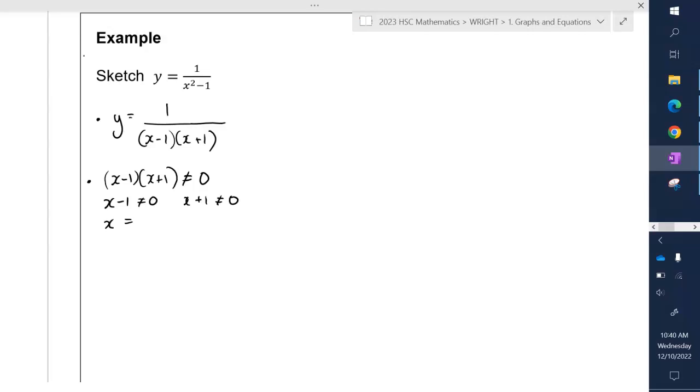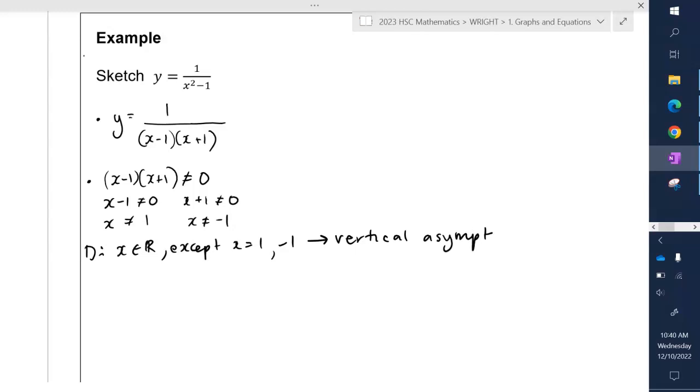So we get x not being able to equal 1 and x not being able to equal minus 1. So our domain would be all real x except x equals 1 and x equals minus 1. And they're going to be our vertical asymptotes. And we'll look at those in a second.